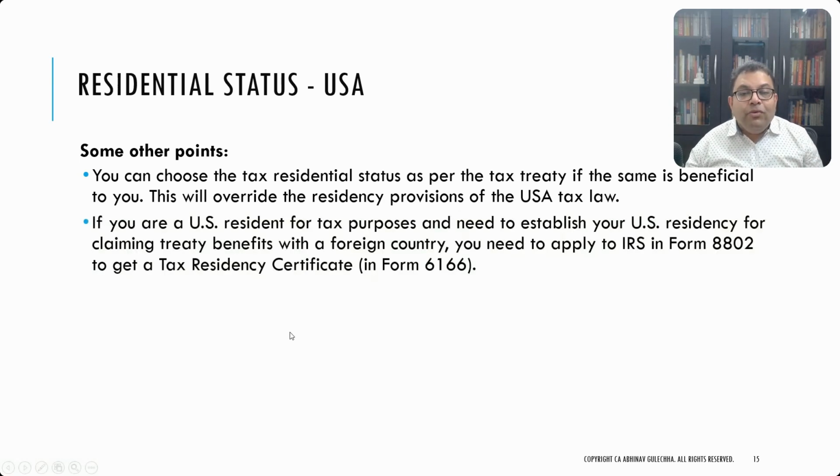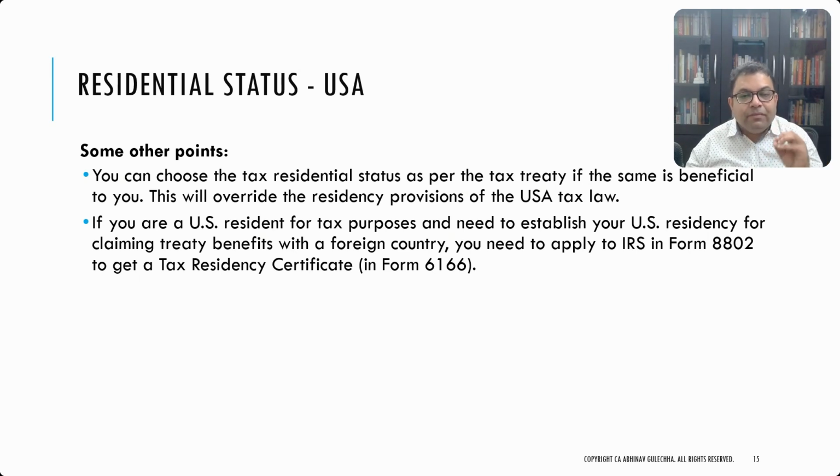Now, if you are a US resident for tax purposes and you need to establish your US residency for claiming treaty benefits with a foreign country, then you need to apply to the IRS in Form 8802 to get a tax residency certificate. For example, India will tax you on your NRO fixed deposit at 31.2%, which is a standard default tax rate.